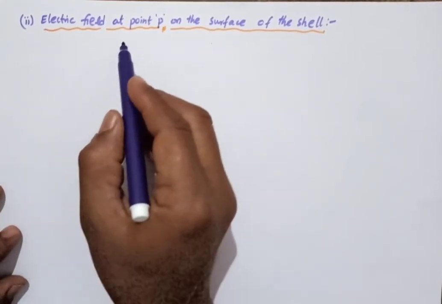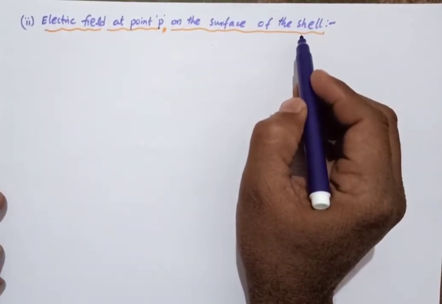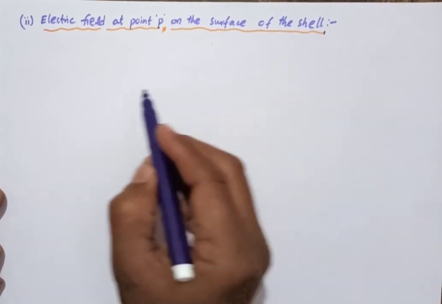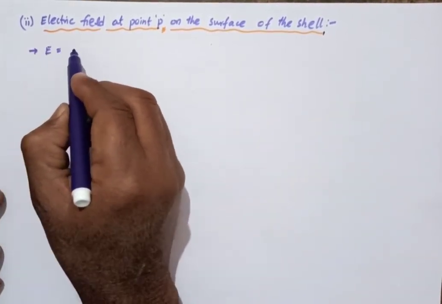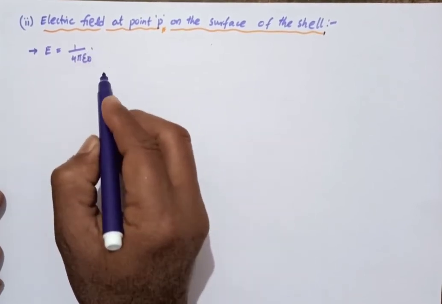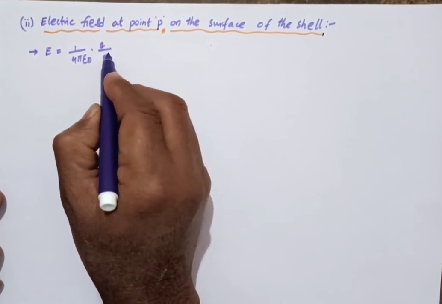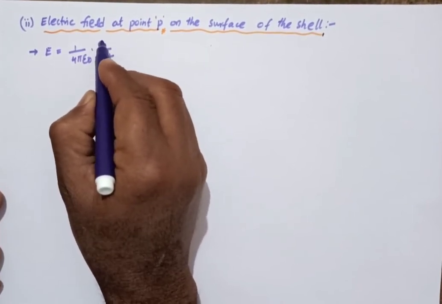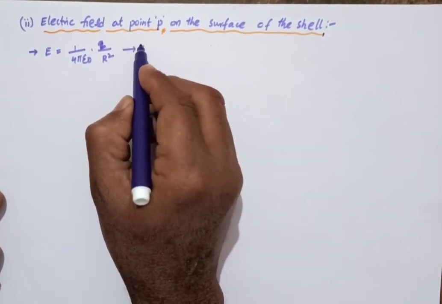And second one, now electric field at a point P on the surface of the cell. Here the electric field E equals, we know, 1 by 4π epsilon naught into Q by R². Okay, this is equation number 1.